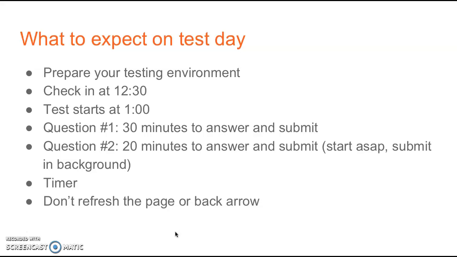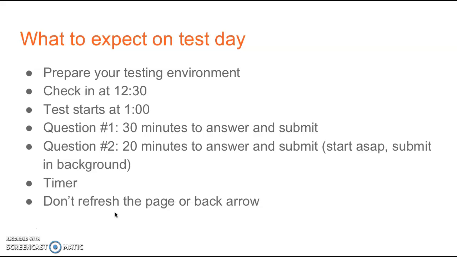Question 2: as soon as that 30 minutes is up, you're going to go to question 2. That one is a little bit shorter. You have 20 minutes to answer and submit. Now, one thing I was told is to make sure you start question 2 immediately, as soon as you can.